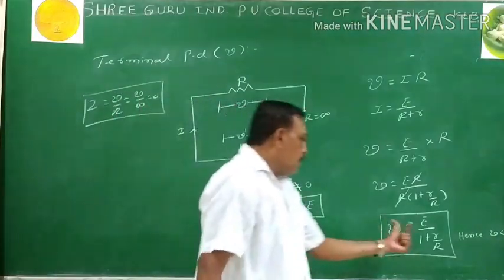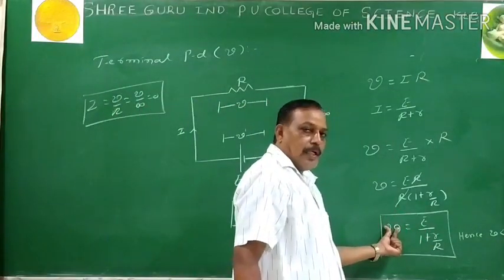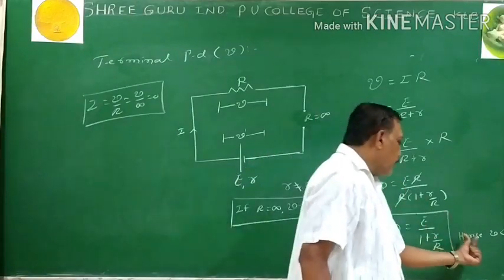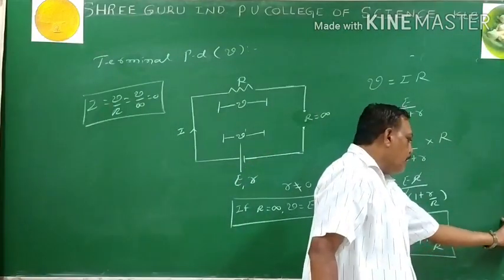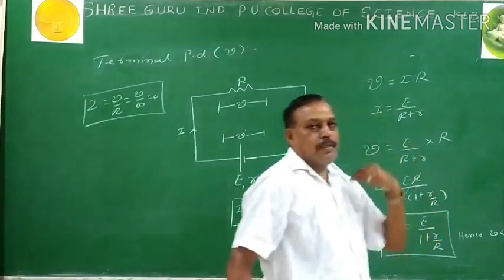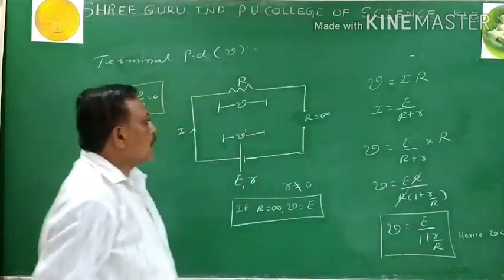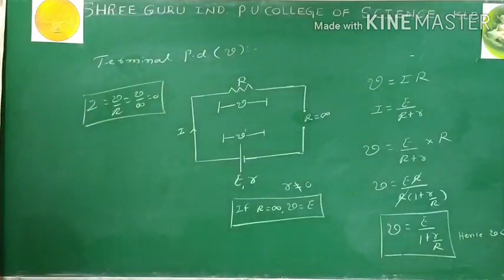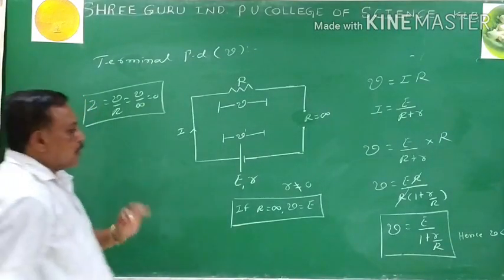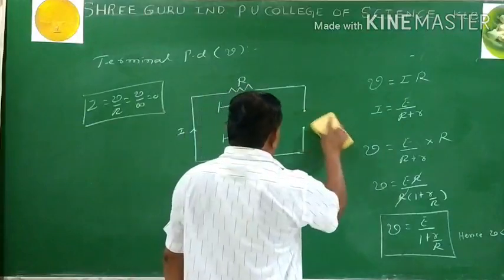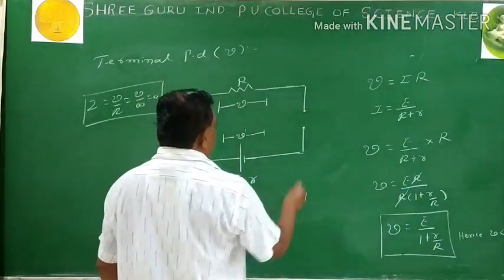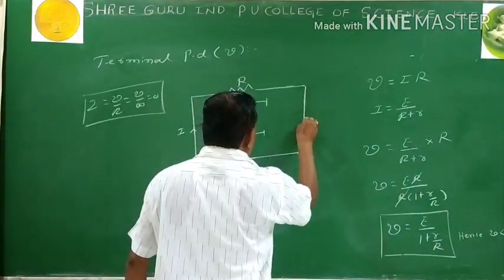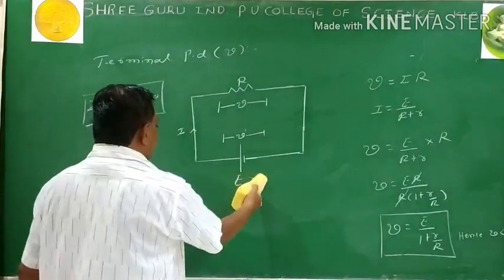As the denominator increases, its value decreases. Hence, the potential difference is lesser than EMF, or EMF is greater than potential difference. Now this is the concept of Ohm's law applied to the circuit. Are you getting the point? Let me go once again. I want to deal with Ohm's law applied to the circuit. For that, I take a cell of EMF E and having internal resistance r.